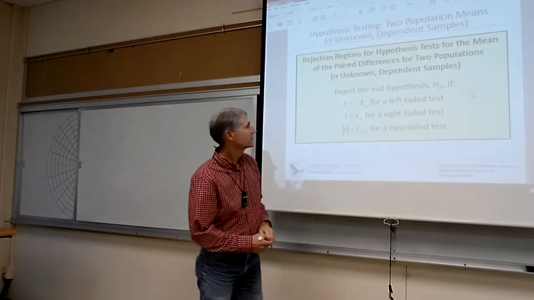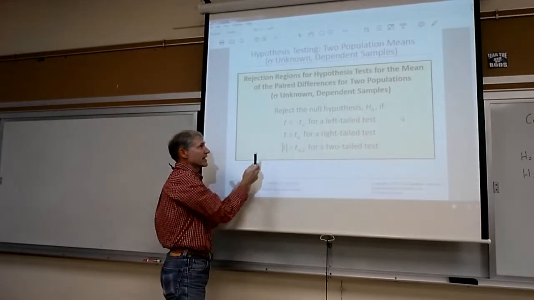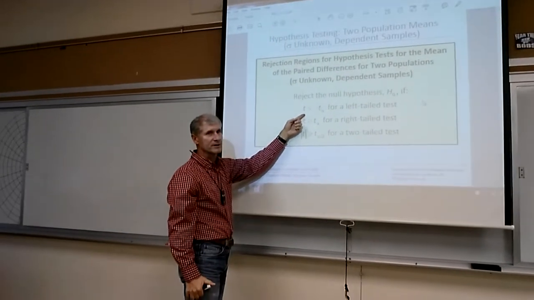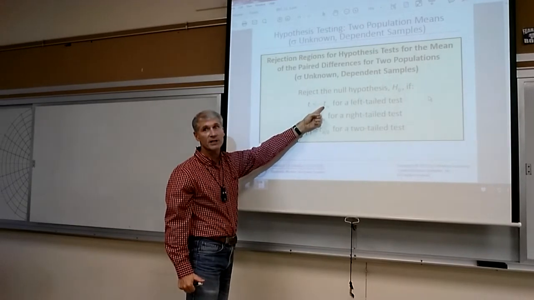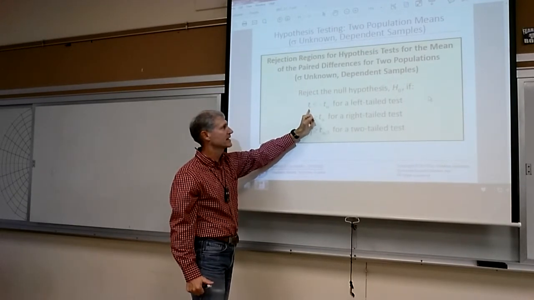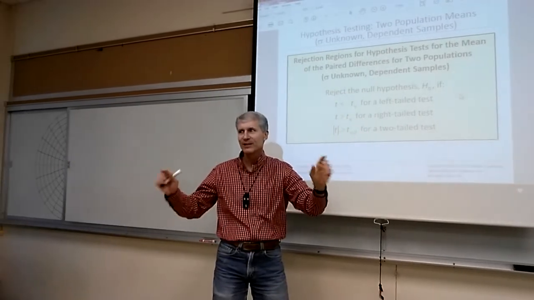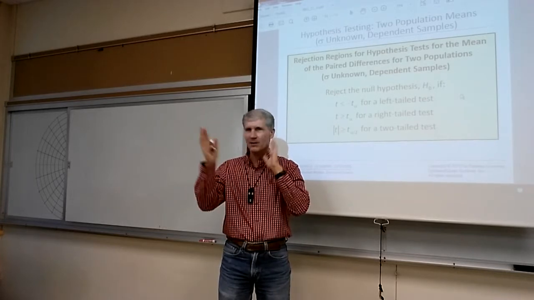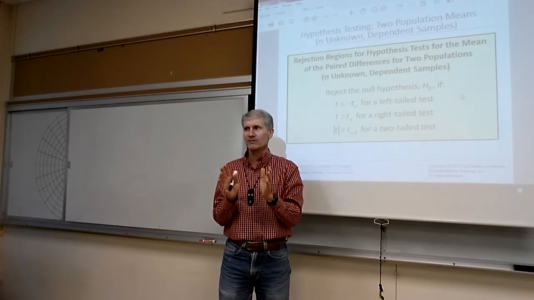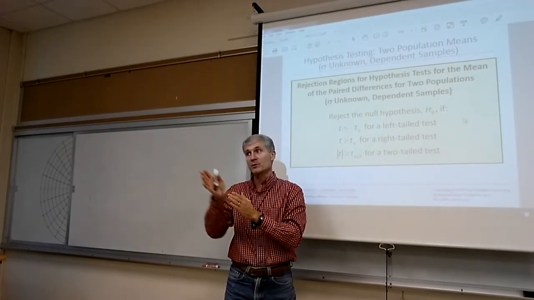So if it's a left-tailed test, then you're going to get a negative value for your test statistic, probably, and a negative value for your t-critical value. This is the test statistic, this is the critical value, and it is critical that you keep those two things straight. There are 2 t's going on here, and it's easy to get them confused. One is the test statistic, the value of t from your sample.